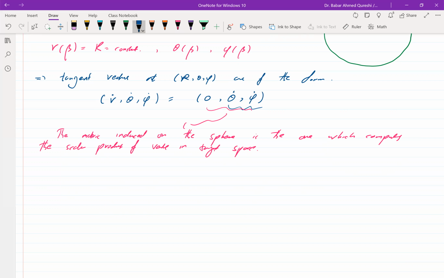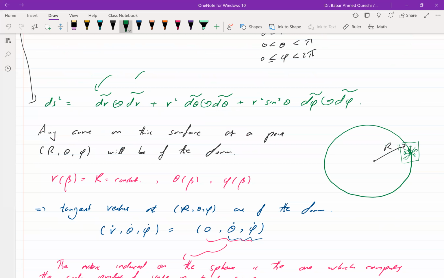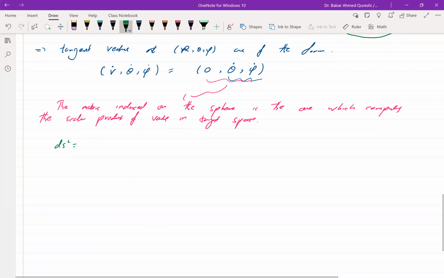But what would that be? It's the same guy. It's just that when you give it anything over here, that gives you zero, because the vectors you give to it have no d by dr component. So that becomes zero, and you're left with the other parts, which still compute for you the scalar product for the rest.